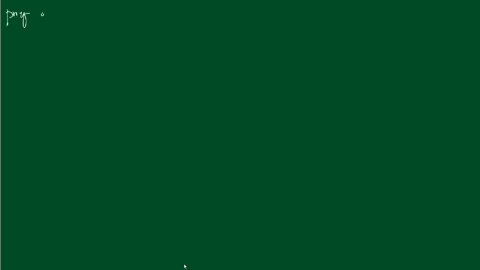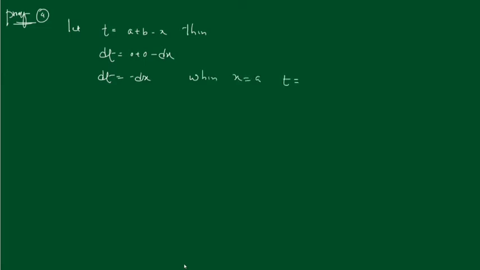Proof of the fourth property. So let t equal a plus b minus x. Then after differentiating, what we get here? dt. Here a is constant, b is constant, it is minus dx. So dt equals minus dx. When x equals a, t equals what? t equals b.